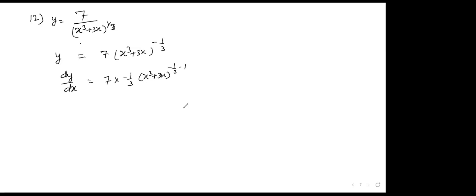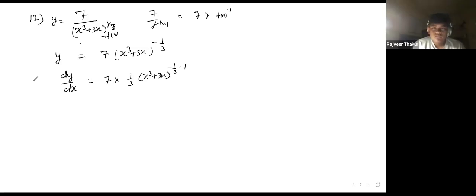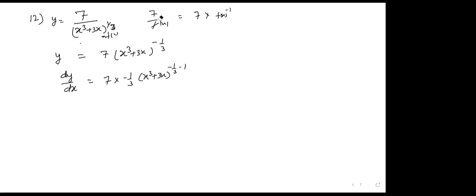Suppose this is f(x). Then 7 upon f(x) can be written as 7 into f(x) to the power minus 1. We haven't multiplied 7 ourselves. It's given in the numerator and it is still in the numerator. We have just brought the denominator function into the numerator with a negative exponent.